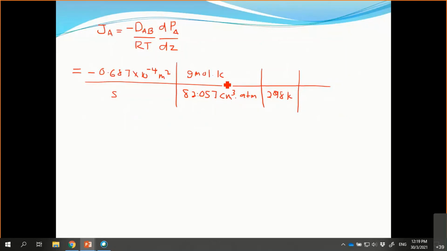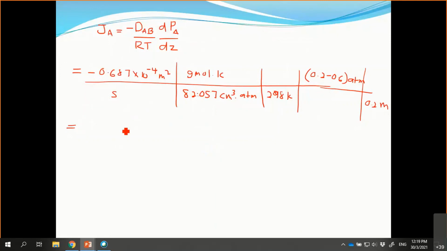So remember, we have to make sure that we understand why we have the value of concentration. So here I will put 0.2 minus 0.6 atm, right? And then finally the value of dz is 0.2 meter. Okay, so when you solve this, first of all, you have to know the unit of flux.